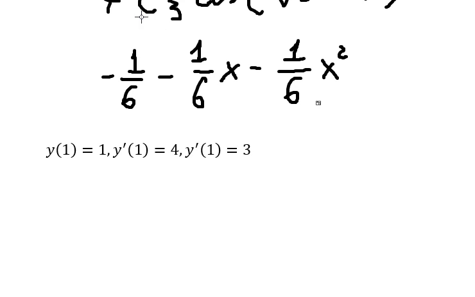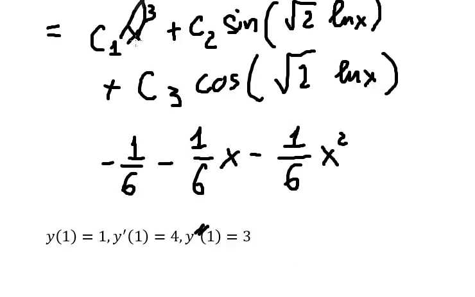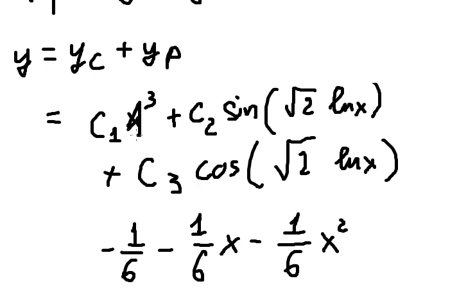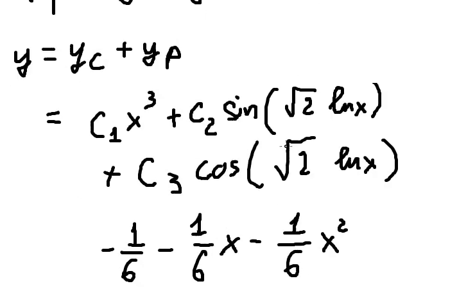This one is about the second derivative of y, not the first derivative. We know that when we put x equals 1, y equals 1. So if we put 1 in here, we have c1. If we put 1 in here, sin 1 gives 0.